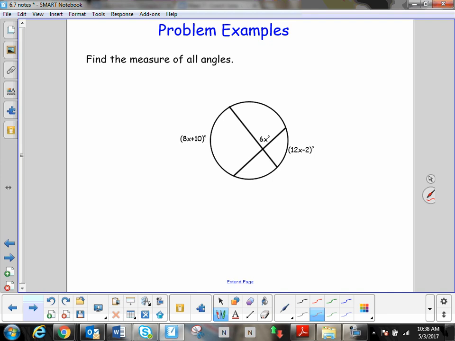Hey, you can be trying to make yourself too. Let's go with Madison. Tell me what you think the equation is to set this up.